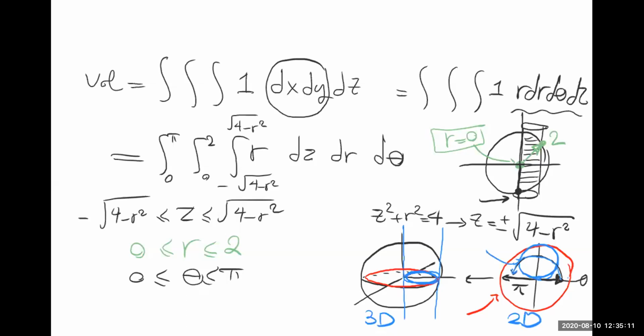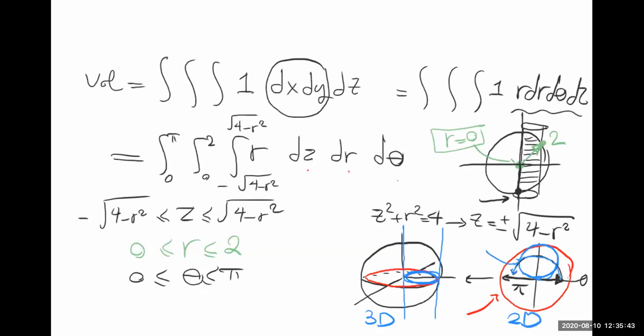Well, I mean, we can. The question is why we don't plug in r equals 2 sine theta, but we don't need to. When we are taking the integral in terms of z, r, and theta, everything should be in terms of z, r, and theta. And if it is in terms of r, z, and theta, we don't need to change them. We can, but we don't need to. Also note that we already used the equation r equals 2 sine of theta for understanding the bounds, right?